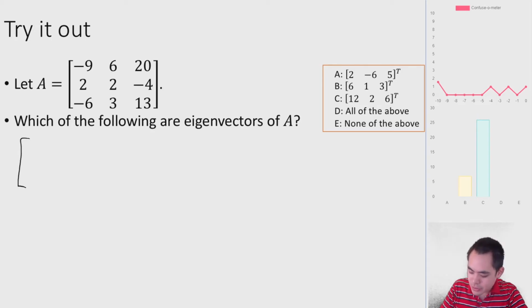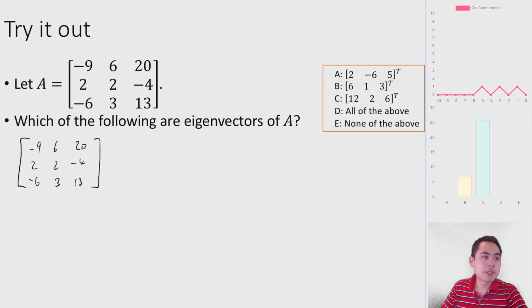So we have our original matrix: minus 9, 6, 20, 2, 2, minus 4, minus 6, 3, 13. And so now let's take a look to see if A is an eigenvector. So we think it isn't, but let's see what happens. Oh, that's a positive 2. So 2, minus 6 and 5.